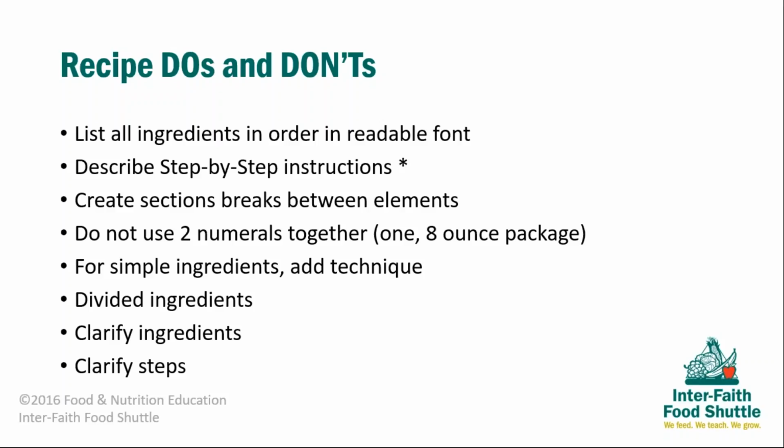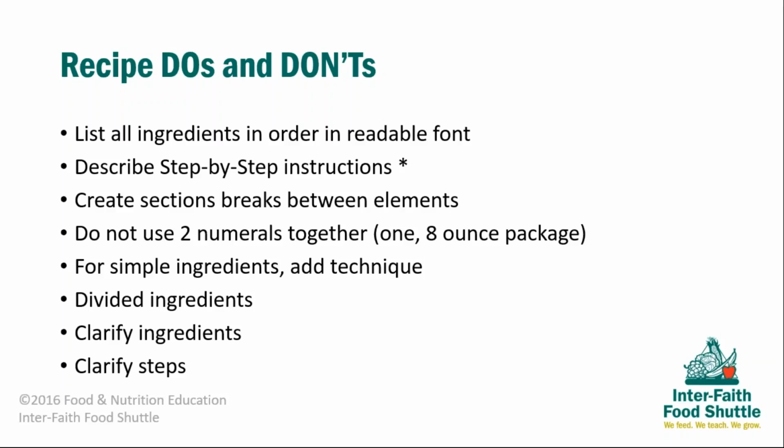Or you can spell out the number 1, O-N-E, and then write the numeral 8-ounce package. You can see on the slide where I've written out the number 1, so there's only one numeral, which is the 8. Vice versa, you could do a numeral 1 and parentheses 8-ounce and then package. Those are the two customary ways to write quantities so that you don't have two numerals together.